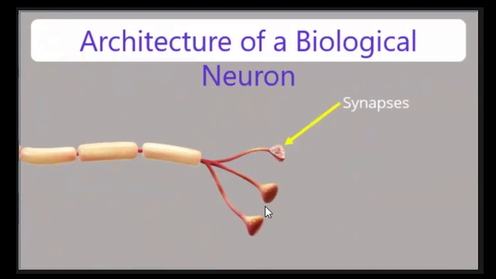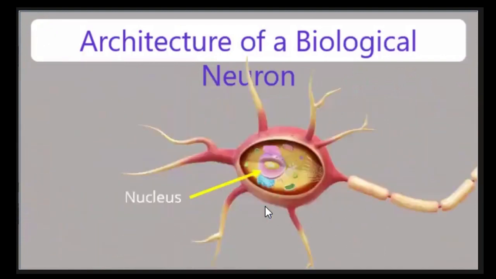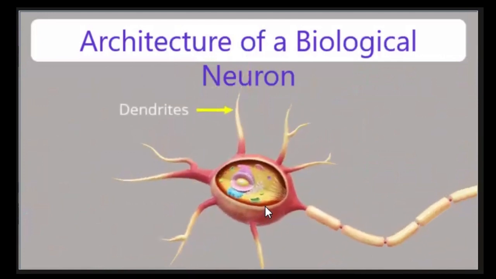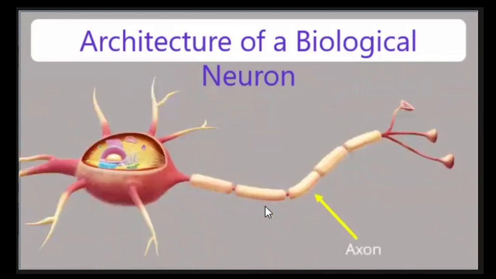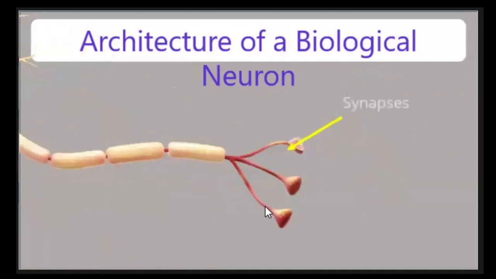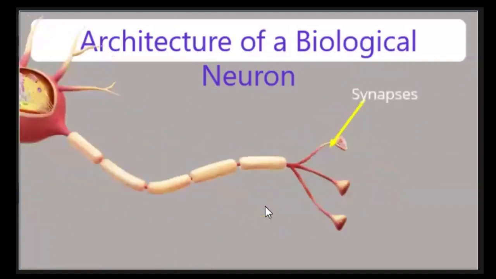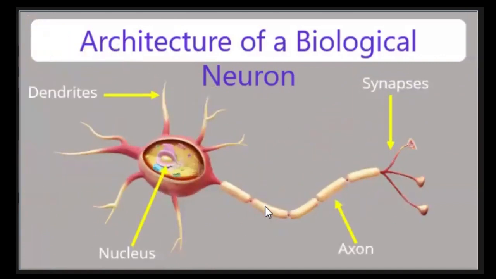So this part will be connected to another neuron, to this part, the dendrite, right? So that is the synapses output, which is going to connect to the dendrite input. So this is basically the human brain architecture, the neuron architecture. The scientists studied this stuff, and they did the mathematics. This is the initial stage of artificial intelligence.